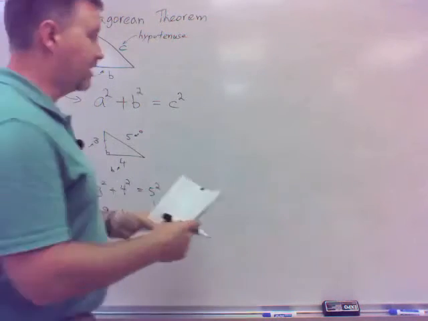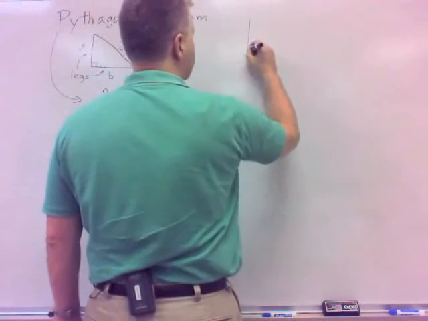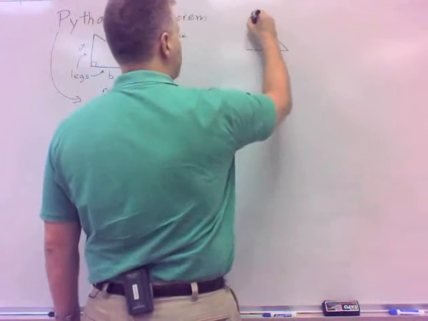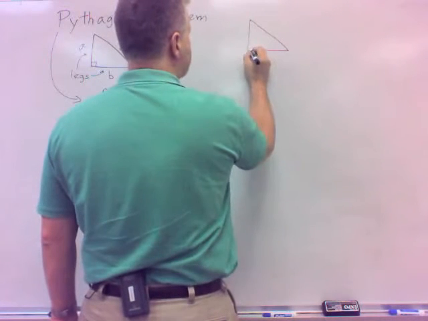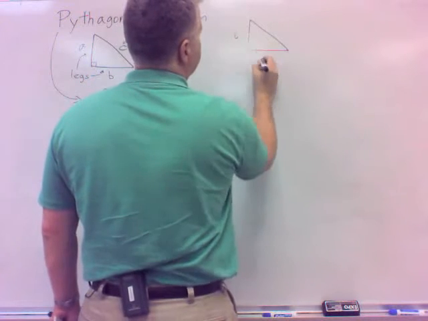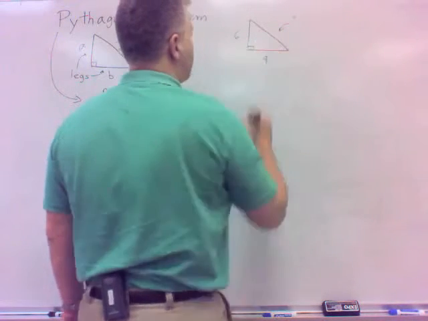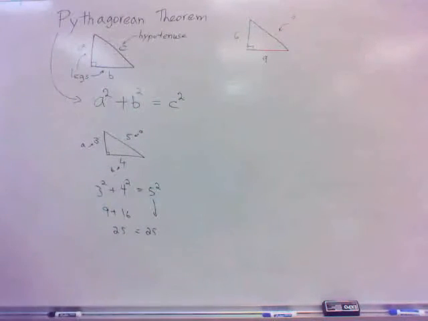But if it is a right triangle, let's say this one is 6 and this one's 9. What is that one if it's a right triangle? What we can do is find a missing side length if we have two of the side lengths of a right triangle.